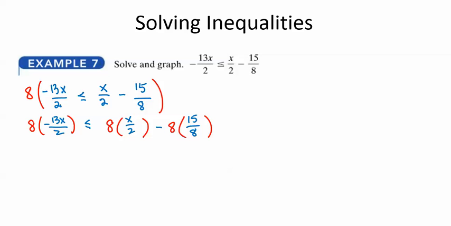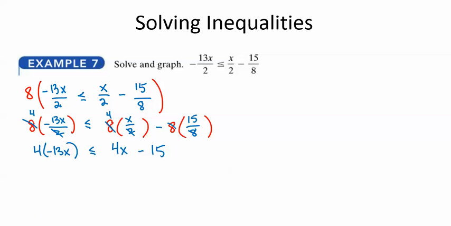So when I multiply 8 times negative 13x over 2, we can use what is called cross-canceling, and we will get 4 times negative 13x. And that's going to be less than or equal to 8 divided by 2 is 4, so 4x. And then finally 8 and 8 cross cancel, and we're going to have minus 15 there.